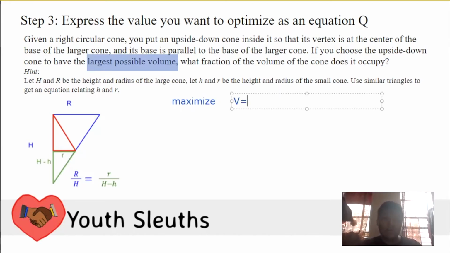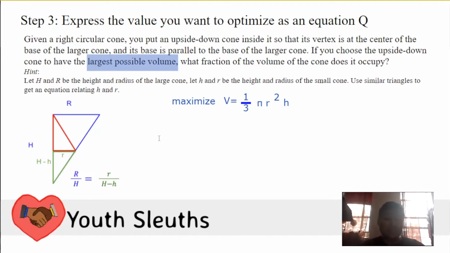Now, if you remember, the volume for cones is 1/3 pi r squared times height. Now, the problem with this volume equation is that there's two variables.